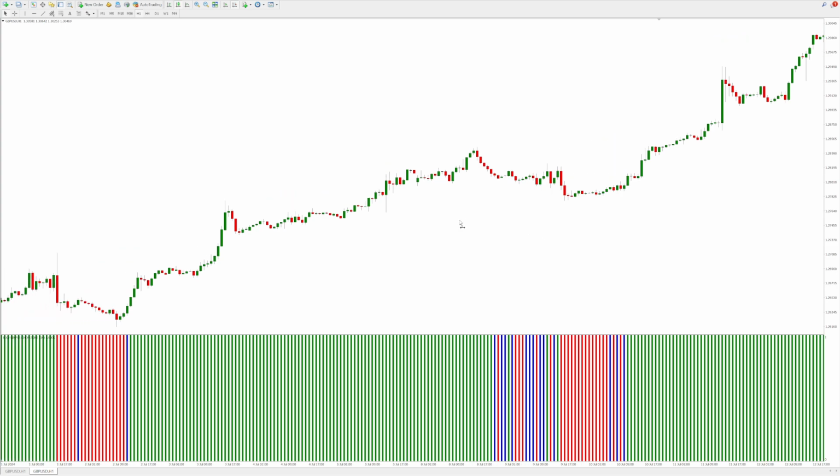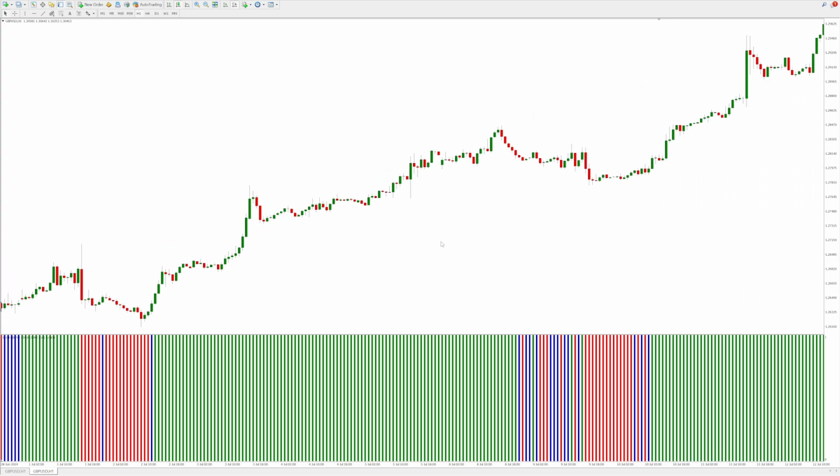So now the question is, how do you know when to enter this trending market? I personally wouldn't enter when it immediately turns from red to green, because you could end up, ironically enough, being chopped in and out of trades.